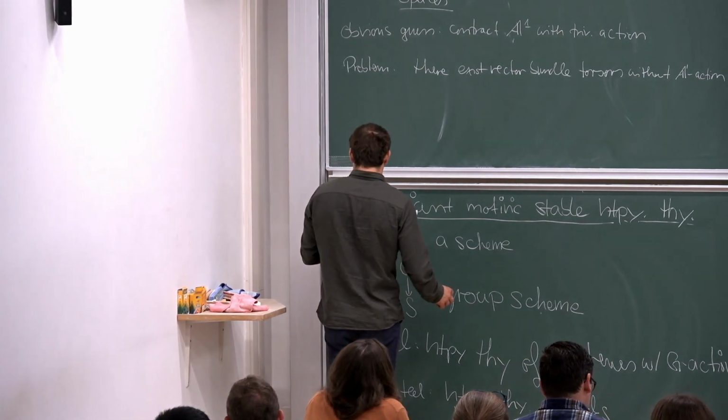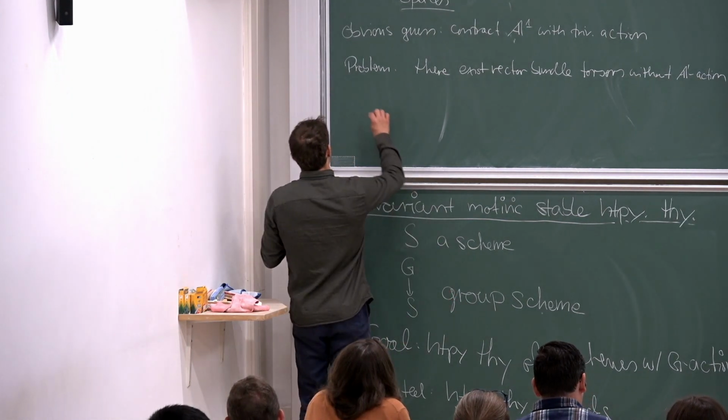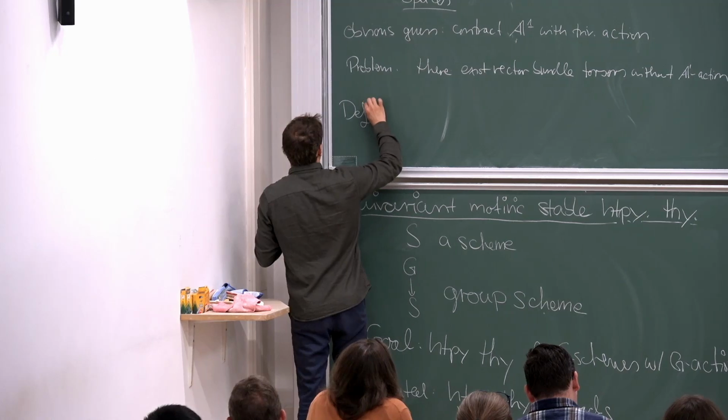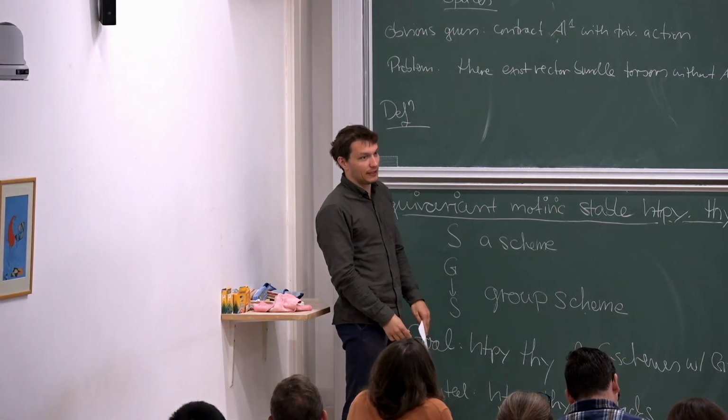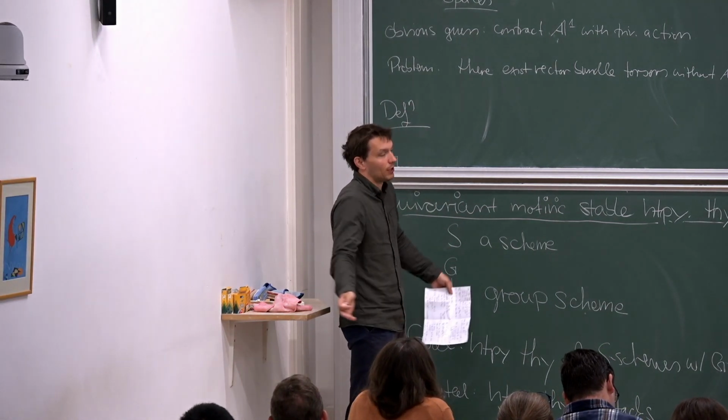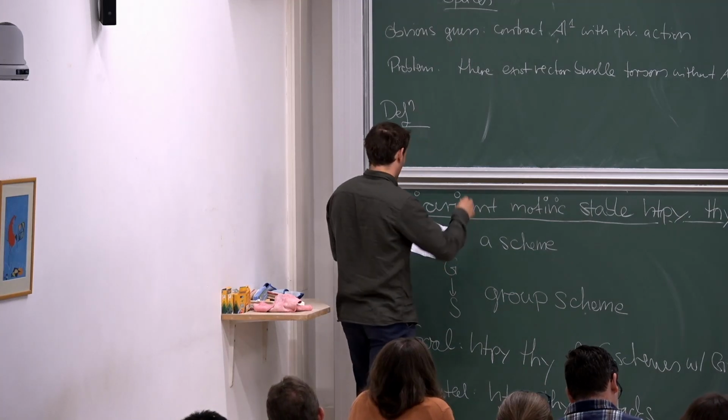Okay, but the solution which Marc Hoyois, I believe, came up with is that he just recognized this problem. With mathematicians, it's very easy to solve this problem. We just contract them all, and that's the definition.